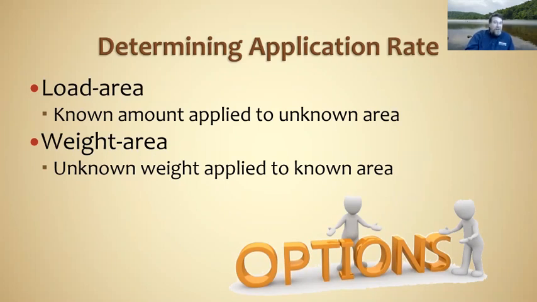But the basic concepts for determining your application rate boil down to either what I call the load area method, which is taking a known amount of material and applying it to an unknown area, or a weight area method, which is where you take an unknown weight, but you're applying to a known area.